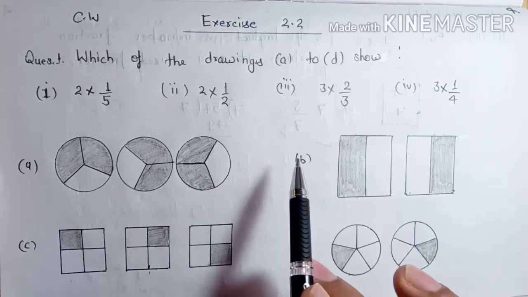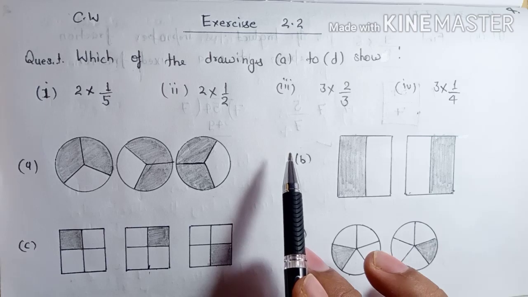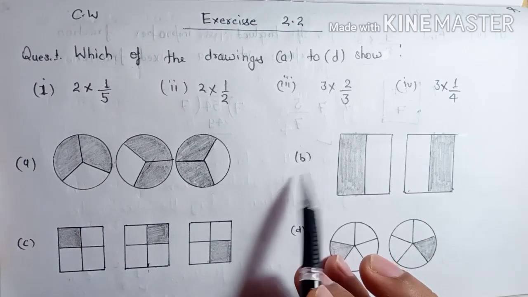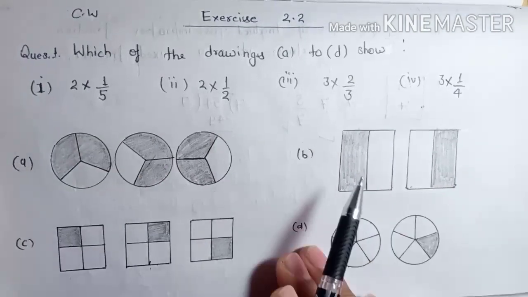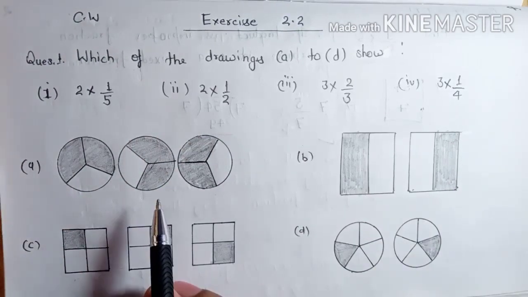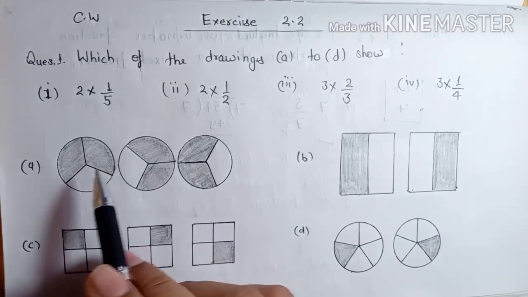And we have to obtain which part of the options shows these multiplications of fractions.